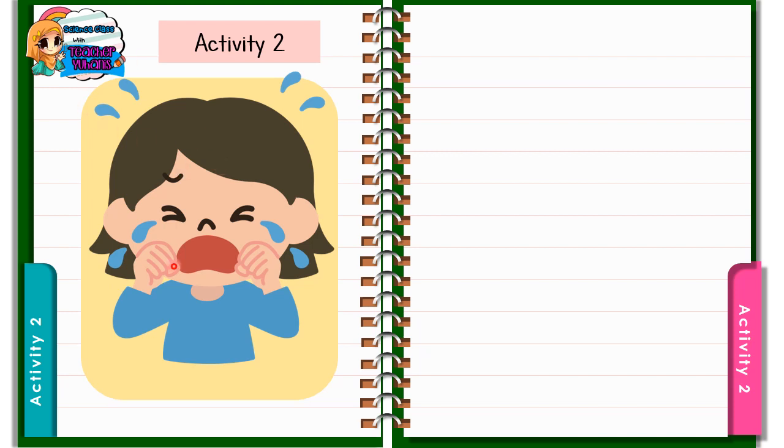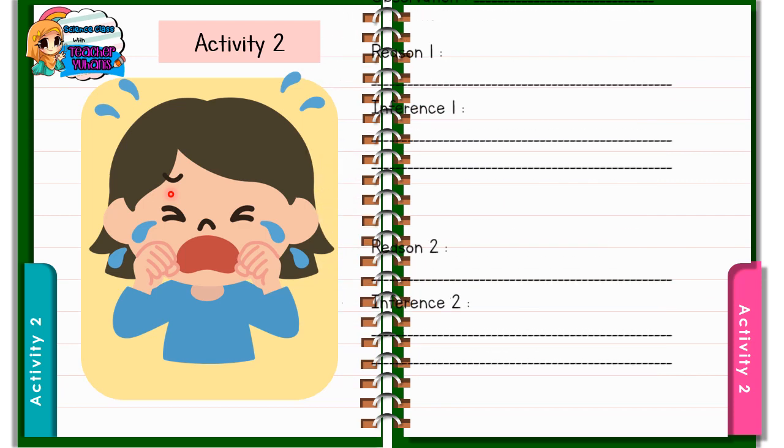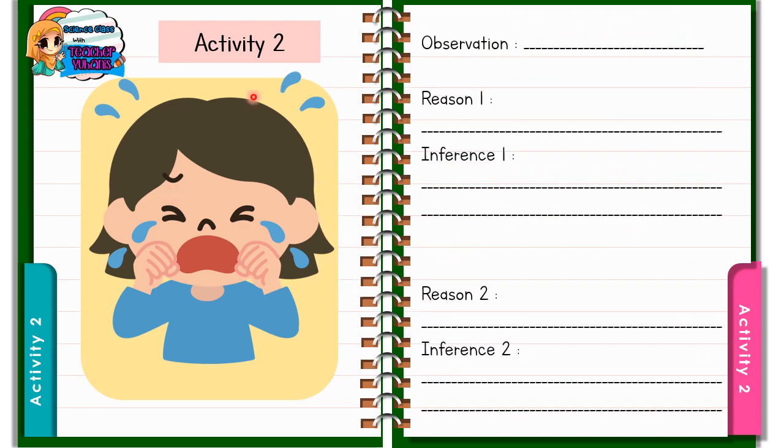This is the picture that I have found from the internet. This is just an example. After you paste the picture, you write down like this: observation, reason 1, inference 1, reason 2, inference 2.